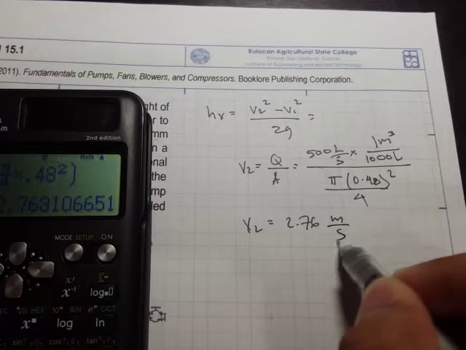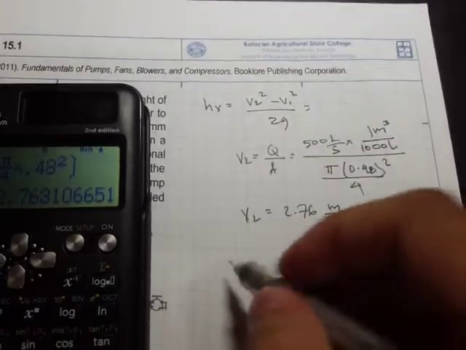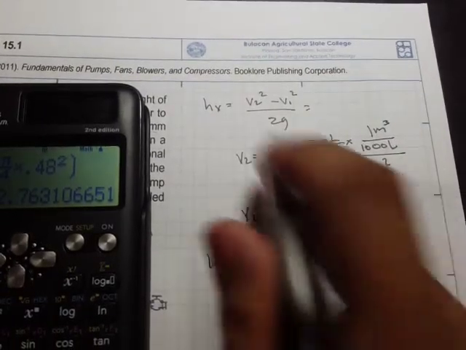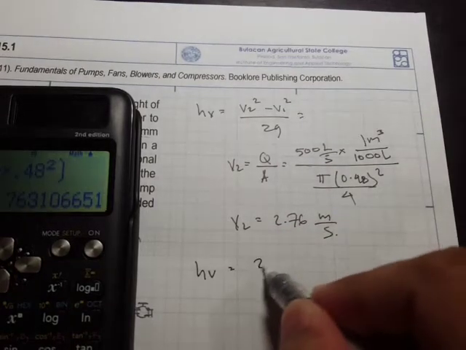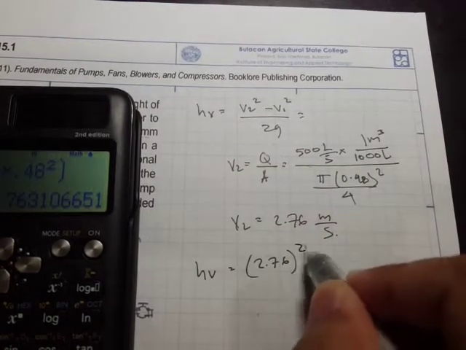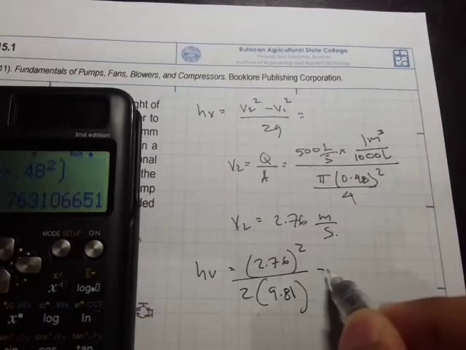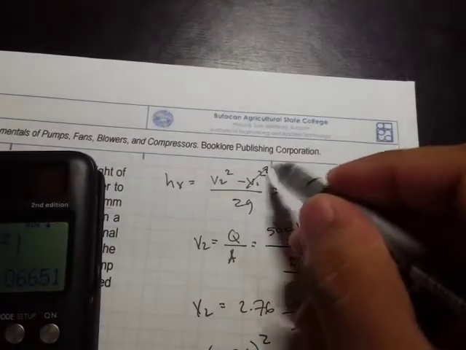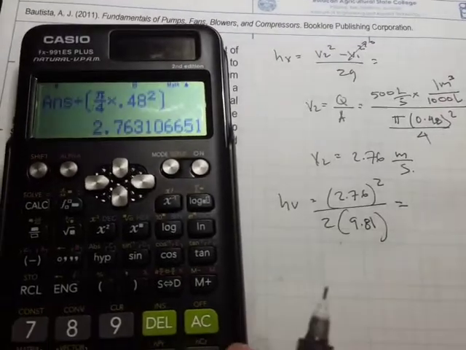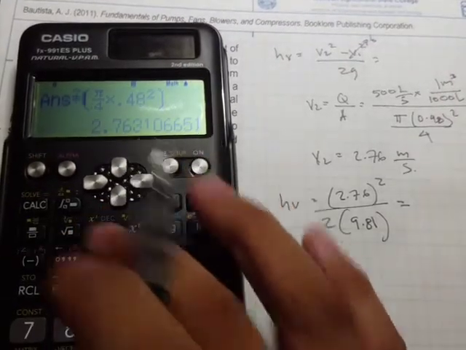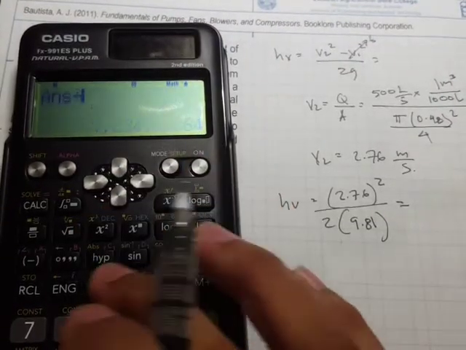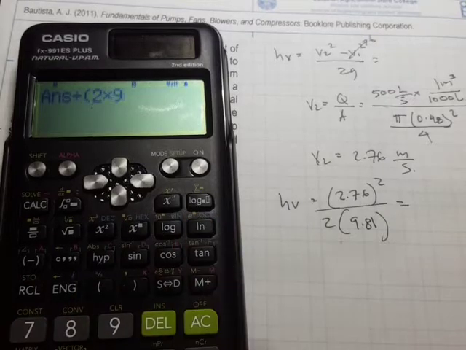If we substitute this to that equation, we get 2.76 squared divided by 2 times 9.81, since this is 0. So 2.76 squared divided by 2 times 9.81.